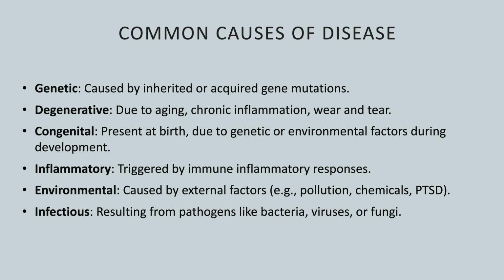And talking about the different causes of disease, I'm going to give you a mnemonic so you don't forget. Diseases may be produced by genetic causes, mutation, for example, in the DNA or in the mitochondrial DNA. Degenerative diseases are due to aging, due to chronic inflammation, chronic disease, because of the wear and tear of the tissues and organs.